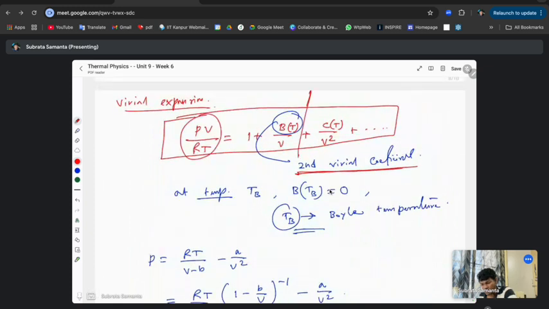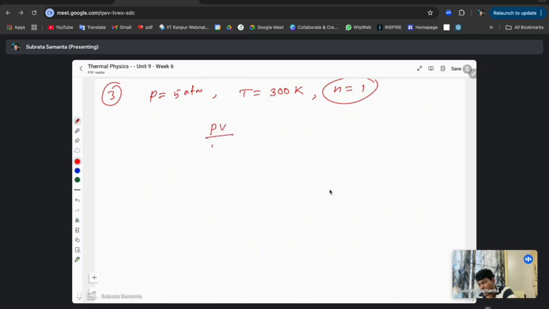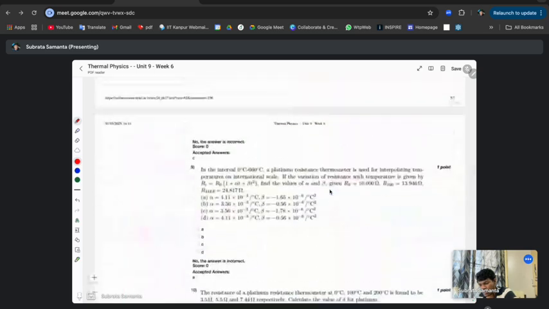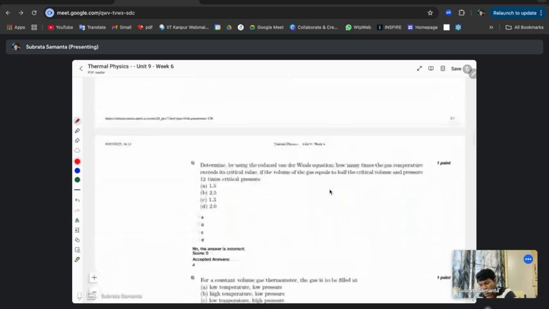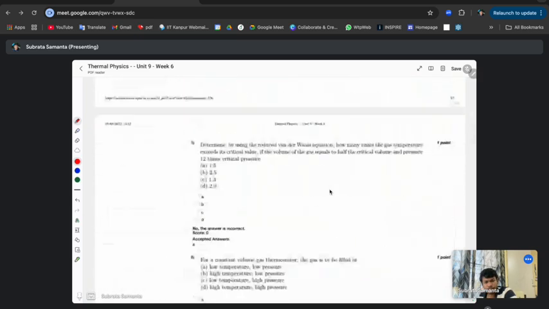That means the equation of state is PV over RT equals 1 plus B over V, where B is 0.02 liter per mole.